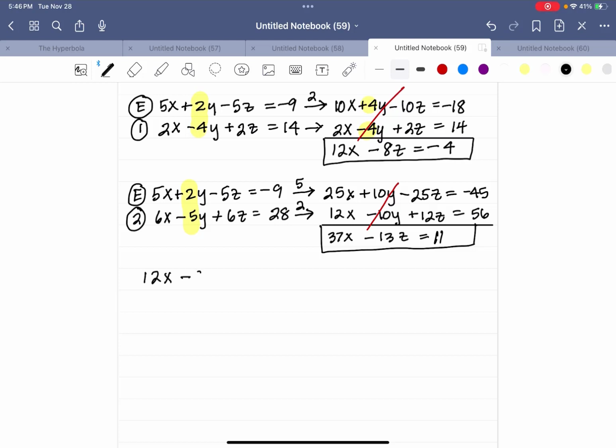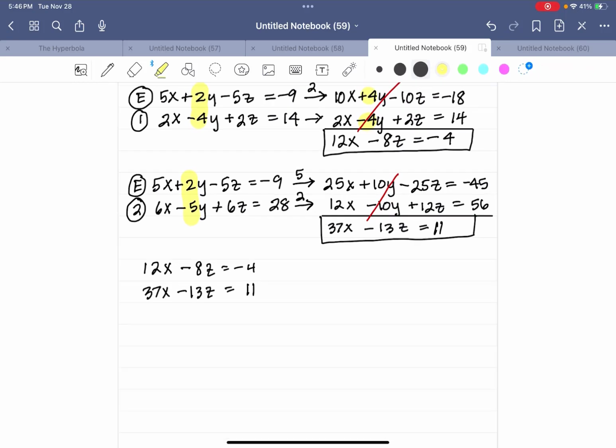12x minus 8z equals -4, with 37x minus 13z equals 11. And so since these numbers are pretty big, I'm going to grab a calculator. All right, and it doesn't matter, it's my choice as to which one I will eliminate.